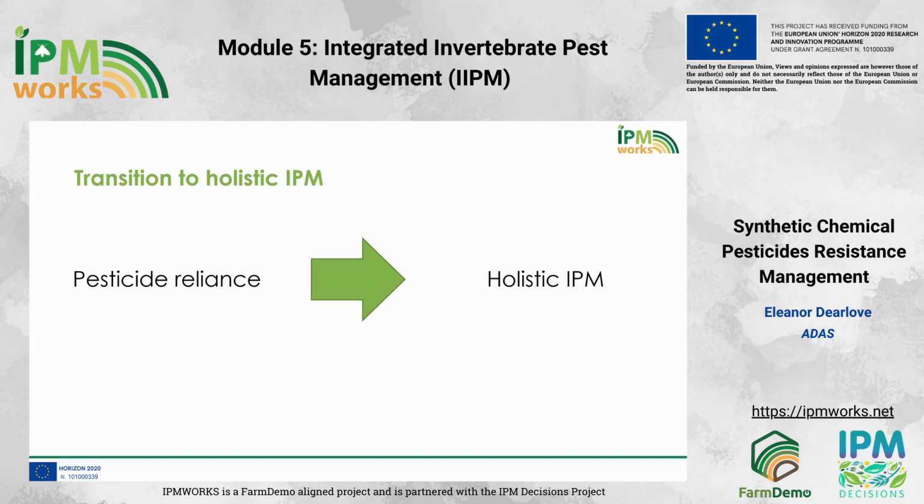Reliance on insecticides has built up over a long period, and transition towards holistic IPM will take some time. Insecticide resistance, combined with a reduction in the availability of different modes of action, is providing a clear justification for more rapid transition. However, many of the IPM tactics highlighted in this chapter cannot be effectively implemented in a single season.